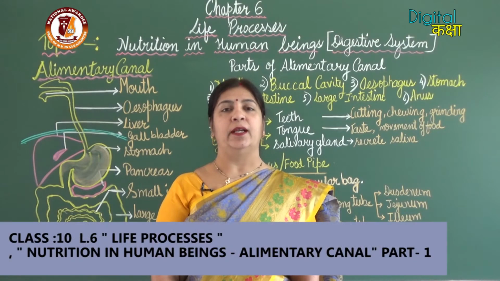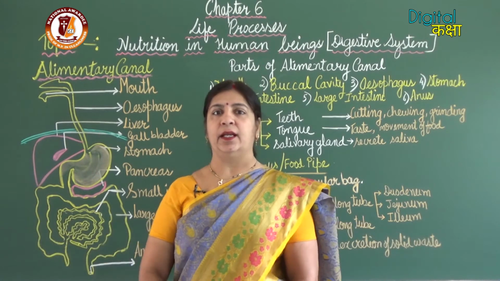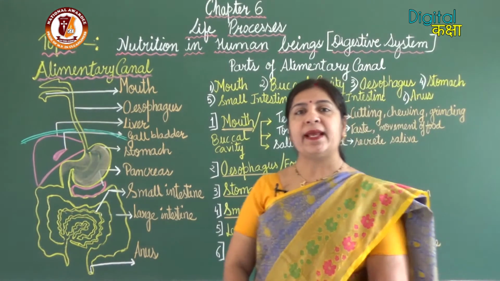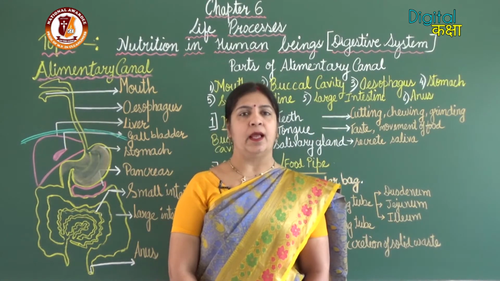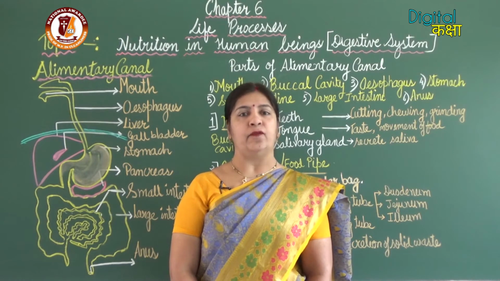Hello students, today we are going to start with the next topic of chapter life process, that is nutrition in human beings. Human beings are heterotrophs and we depend on plants directly or indirectly for the food.